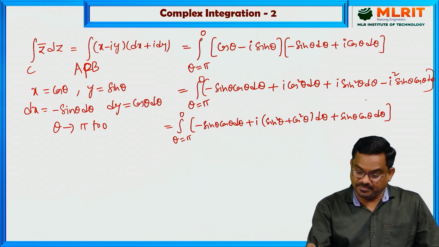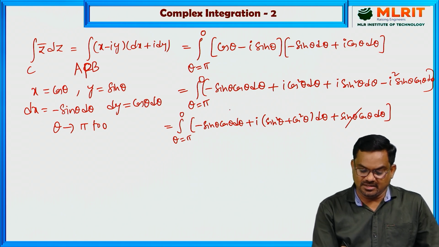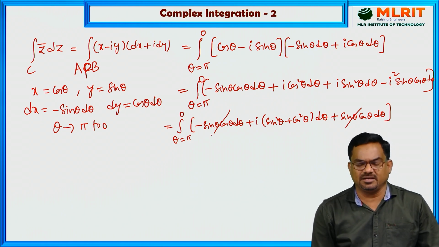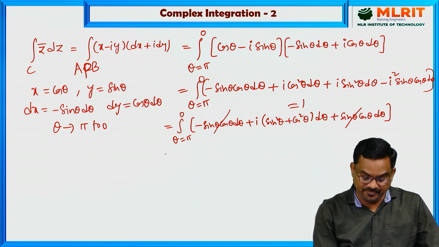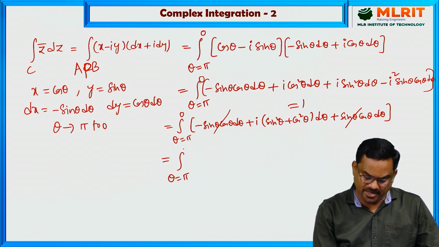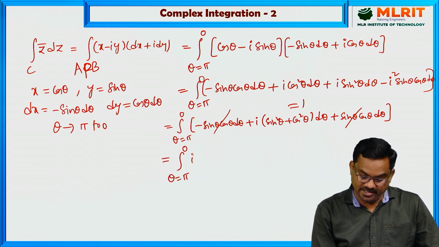Here this is plus sin theta cos theta, this is minus sin theta cos theta d theta. These two get cancelled, and we know that sin square theta plus cos square theta is 1. Hence the final result is integral theta from pi to 0 of i d theta.